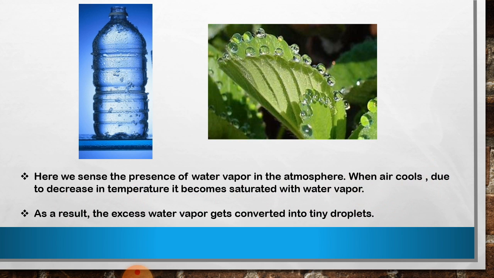And as a result, what happened? The excess water vapor gets converted into tiny droplets. So excess of water vapor gets converted into what? Tiny droplets. Then the dew point temperature is decided by the amount of vapor in the air. So how is the dew point temperature decided? By the amount of vapor in the air.